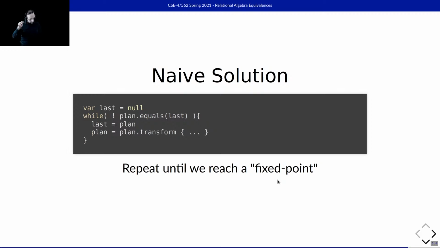Oh, sorry, I meant to mention that this naive approach is often referred to as a fixed point computation. Essentially, we're applying the operator until we reach a fixed point where every time we apply the operator again, it just returns the same thing. It's fixed.